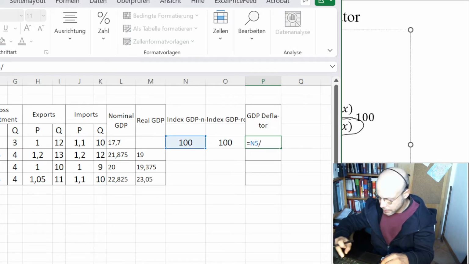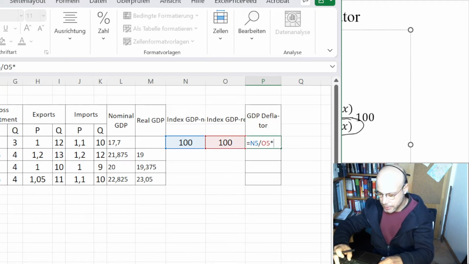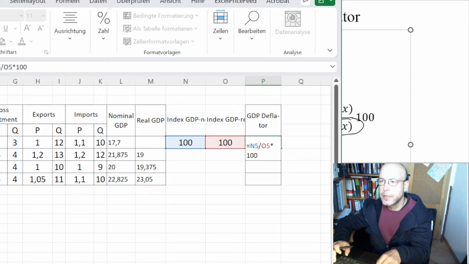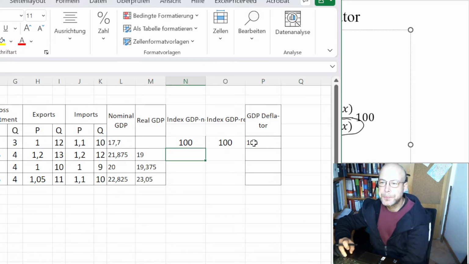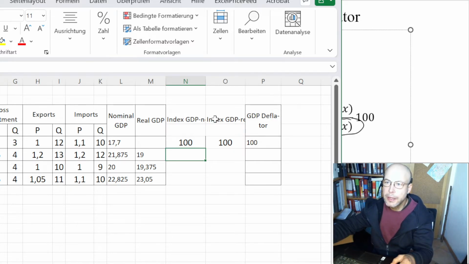Nominal GDP divided by real GDP times 100, and then we need the increase of 17.7 up to 21.88.